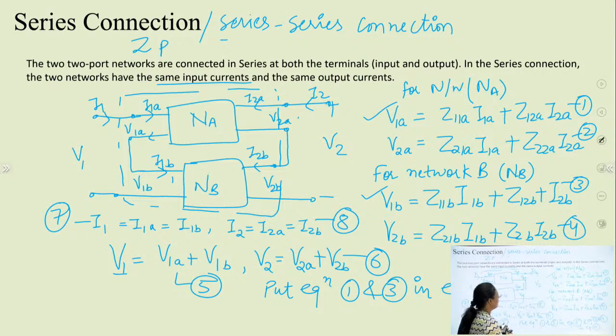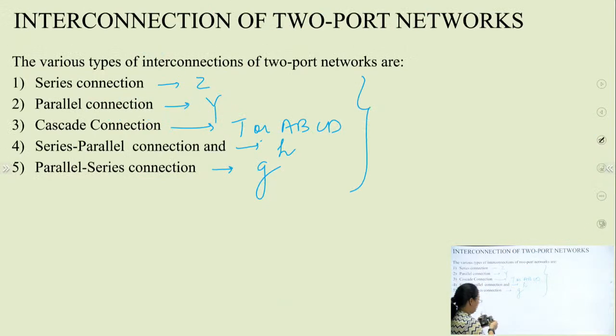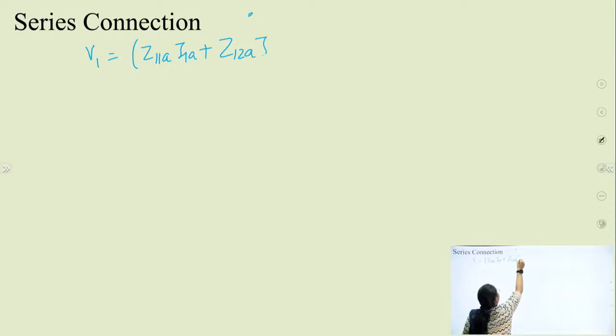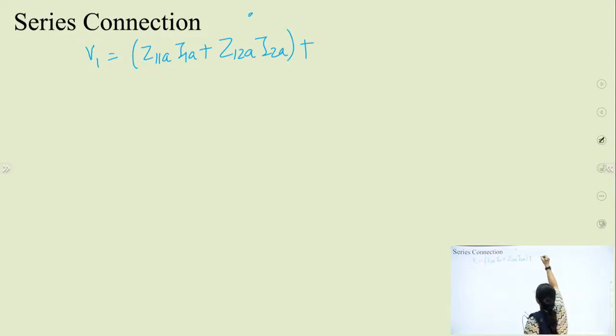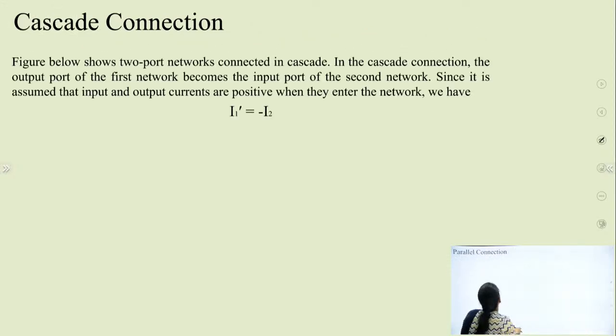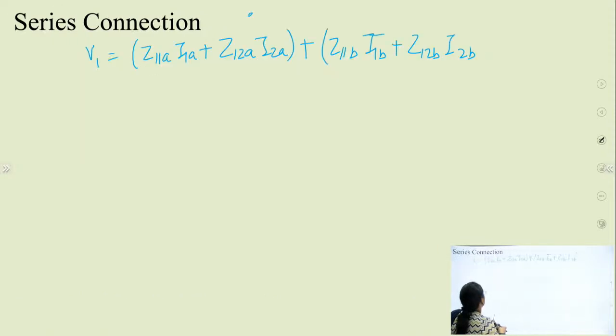So V1 here will be equal to Z11A I1A plus Z12A I2A, plus, since V1 is V1A plus V1B, Z11B I1B plus Z12B I2B.